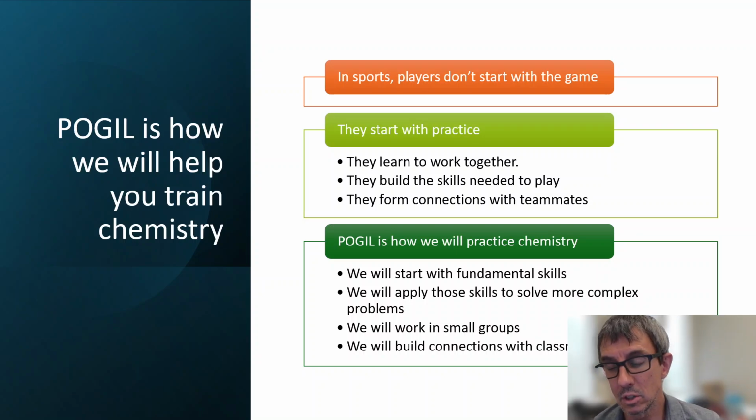But we're going to build these skills up slowly in groups of about 4. It'll also give you an opportunity to build connections with your classmates that you could use potentially outside of the classroom, to have a group of people to study with. So this is how we're going to practice and train our chemistry so that after 5 weeks, we are going to be more comfortable with stoichiometry.